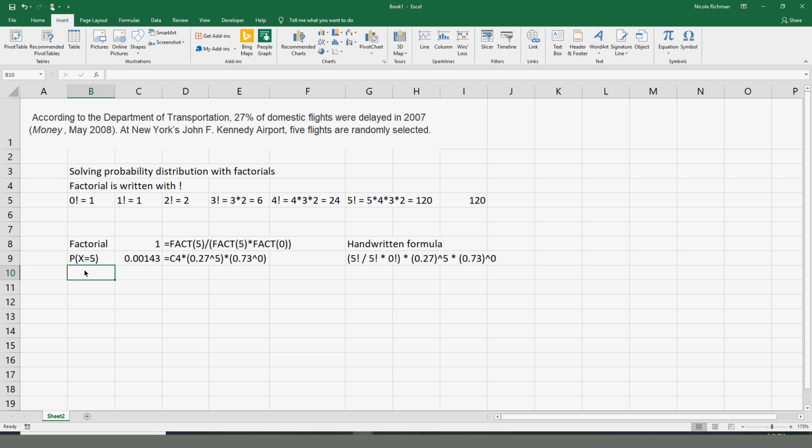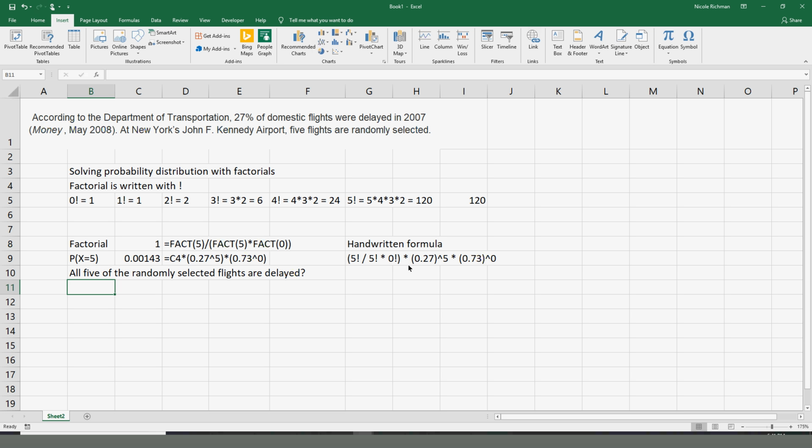So in other words, what's the probability that all 5 of the randomly selected flights are delayed? So we write that P, the probability, P, X equals 5.